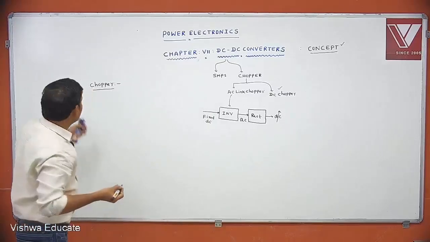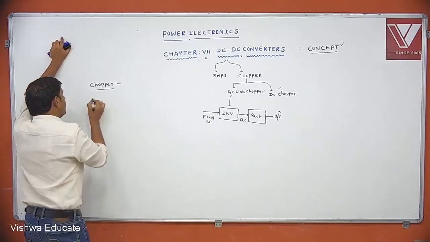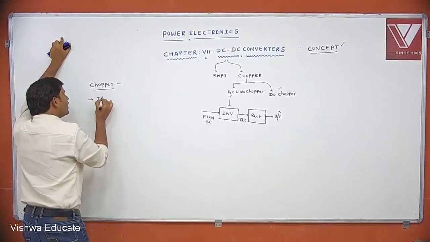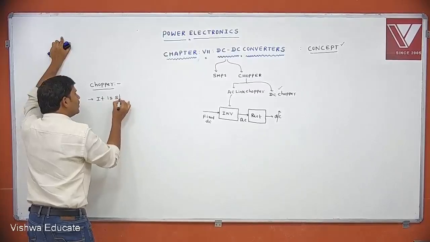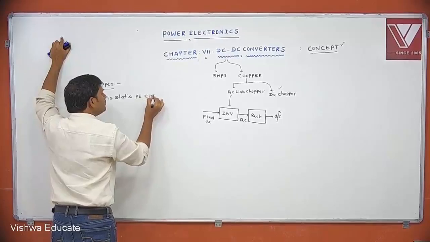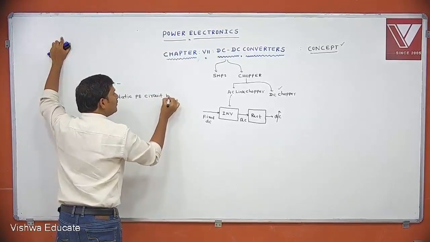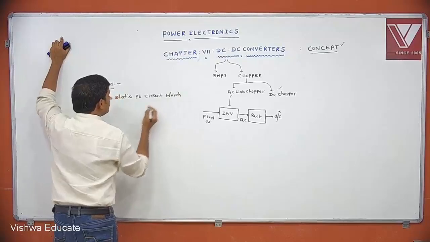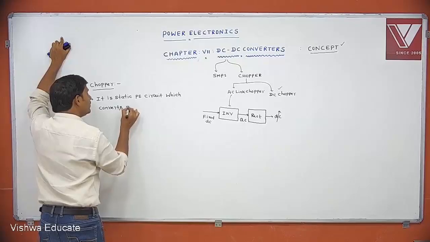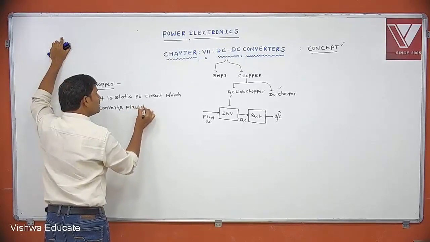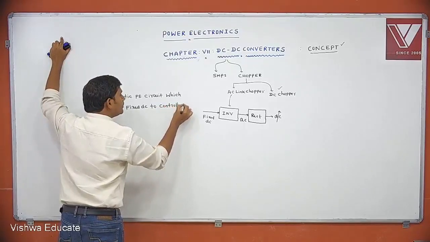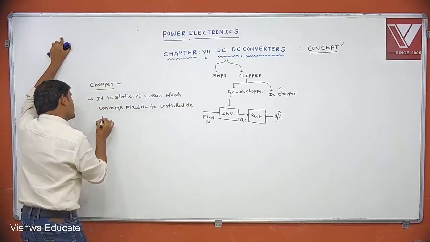This is some introduction, then we'll start with the chopper. One definition for the chopper: it is a static power electronic circuit which converts fixed DC to control DC or variable DC in a single stage conversion.